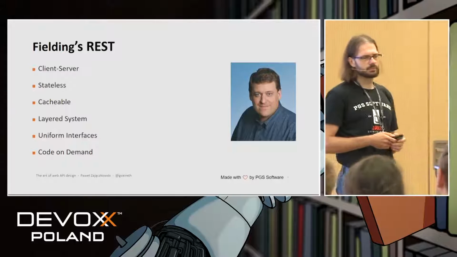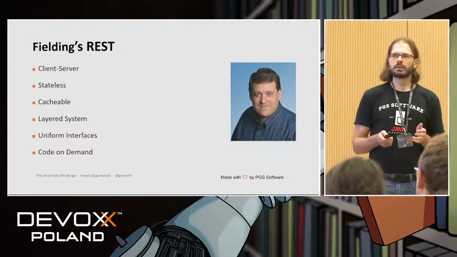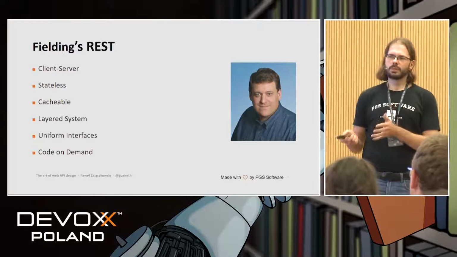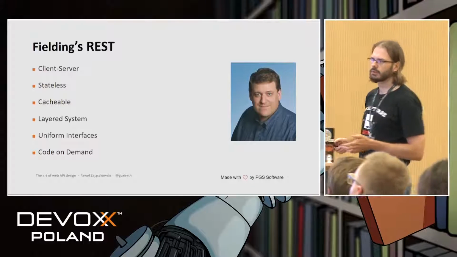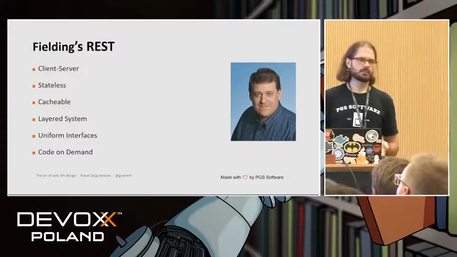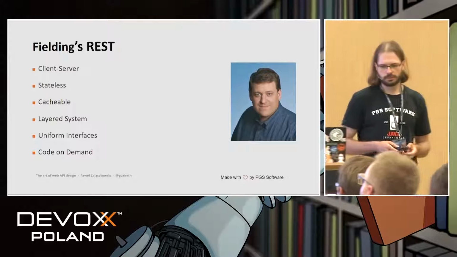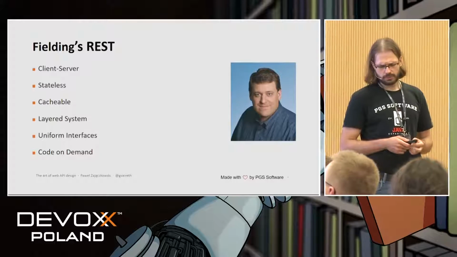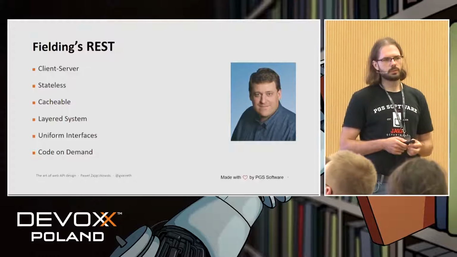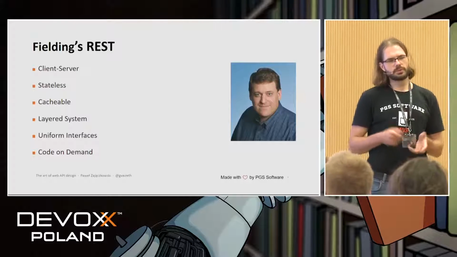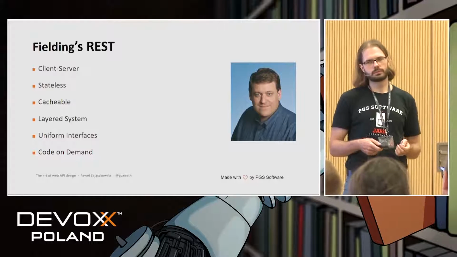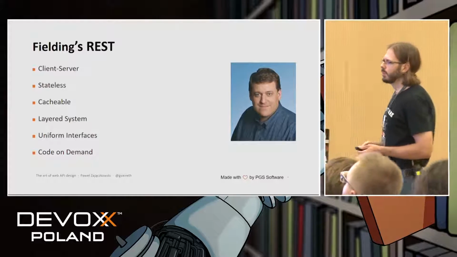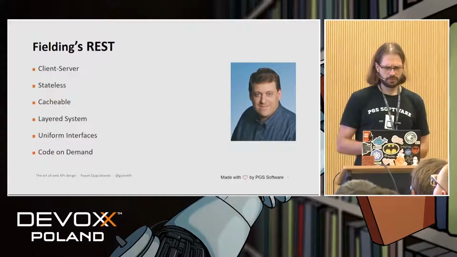Uniform interface is more or less about our addresses and naming schemes being consistent, and we should use HTTP semantics, so methods, status codes, and standard headers. And code on demand is an optional requirement, but the idea is that from the server we can send some executable code that can be invoked by the client and thus extend its capabilities. So that's briefly about REST.